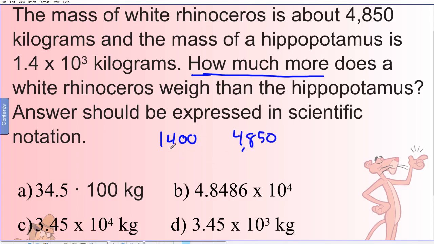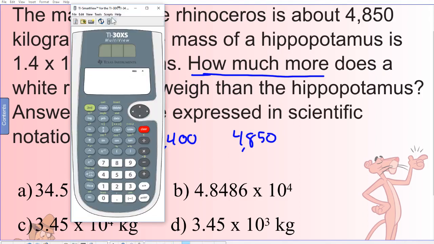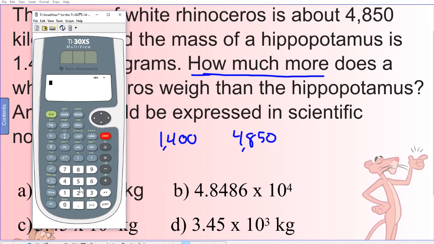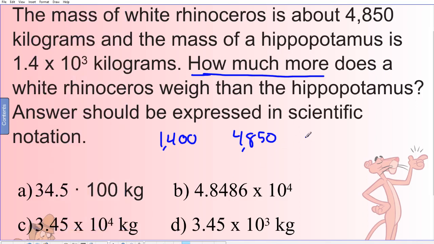And if I subtract them, I can even do it on my calculator. I haven't broken him out in a while. 4850 minus, because I'm putting this guy in first because he's the bigger number, 1400 equals 3450. Okay, so there's my answer in terms of standard form.